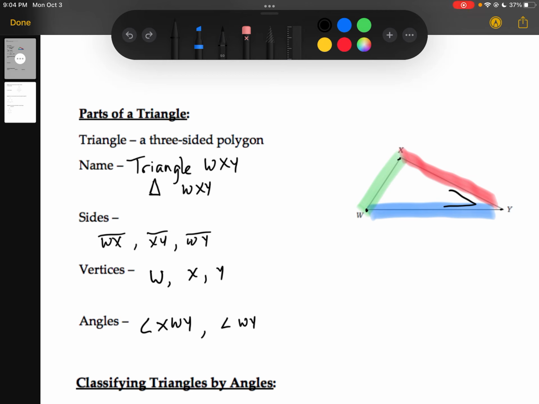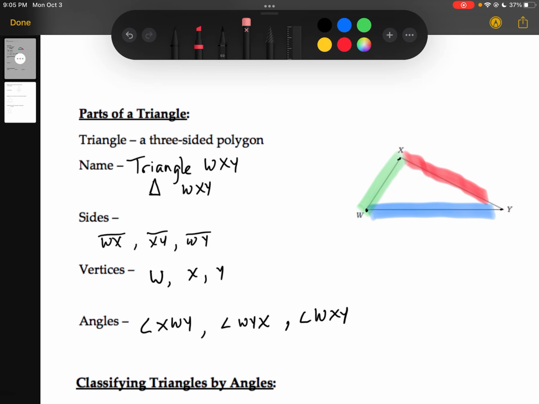And then our last one here has X in the center. We can also do W to X to Y as well. So from W to X to Y. So those are the 3 angles that we see inside of a triangle.